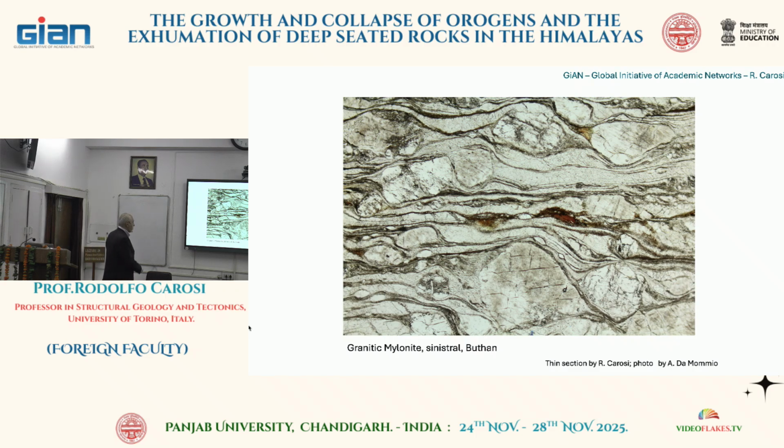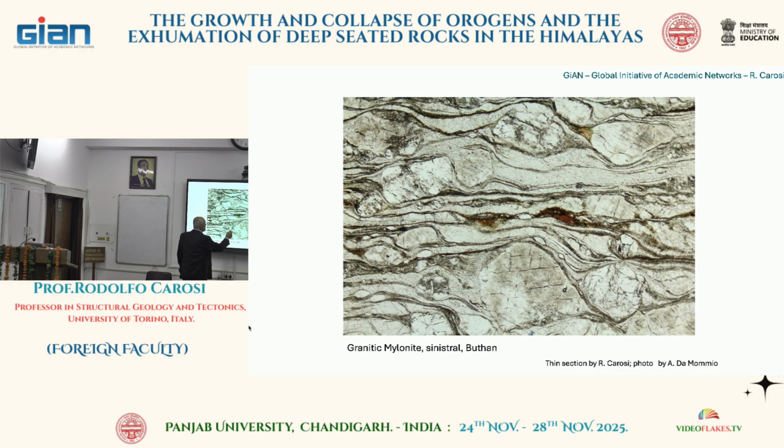Here we can see a thin section of mylonitic granite in Bhutan. We are in the Great Himalayan sequence. These are leucogranites more or less deformed 20 million years ago. We had some dating, and you can see big porphyroclasts of feldspar, with the picture taken with parallel nicols, only one polarizer, and you can observe one sigma shape porphyroclast, also this one sigma shape.